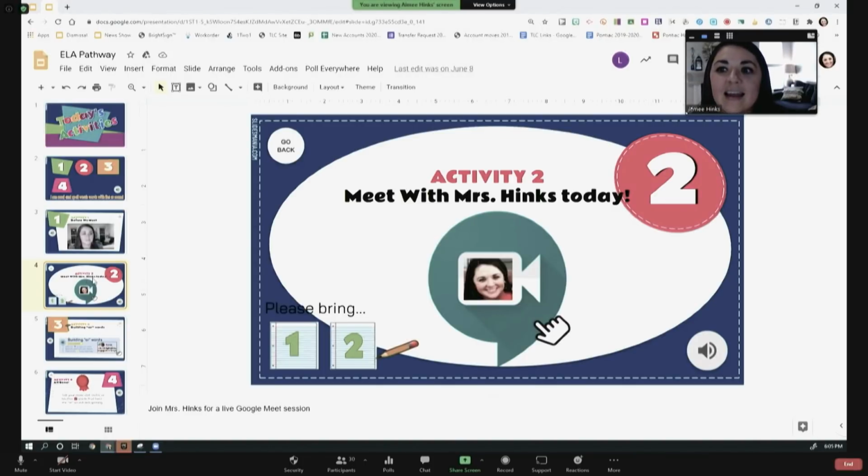You'll see that it lists the materials on here. I've asked you to bring 2 pieces of paper, so if you have a couple pieces of paper near you, that would be great because you'll need them in just a second. And then a pen or a pencil. We're going to pick up from here, pretend like we are meeting together for a live Google Meet session. So are we ready?